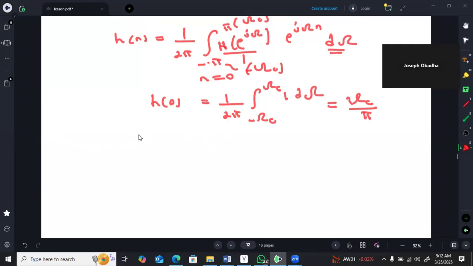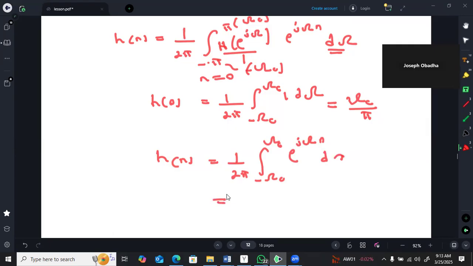For the other values, h(n) would be equal to 1 over 2 pi, the integral from minus omega c to omega c of e^{j omega n} d omega.